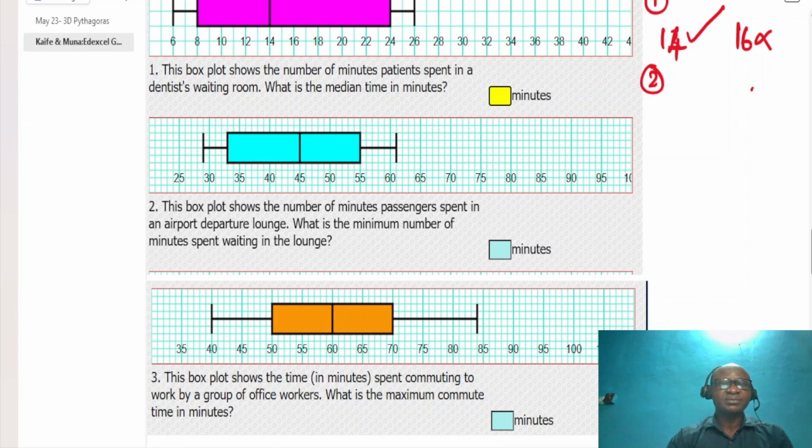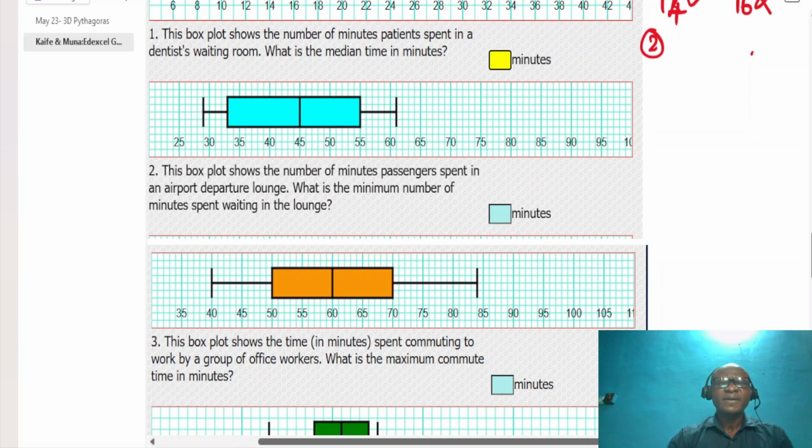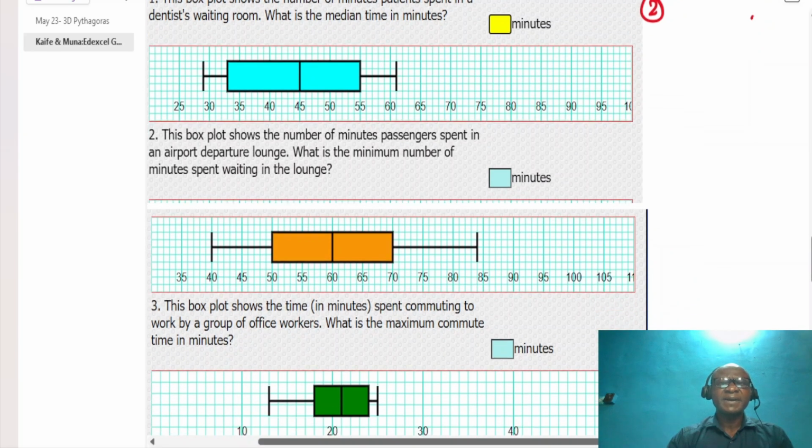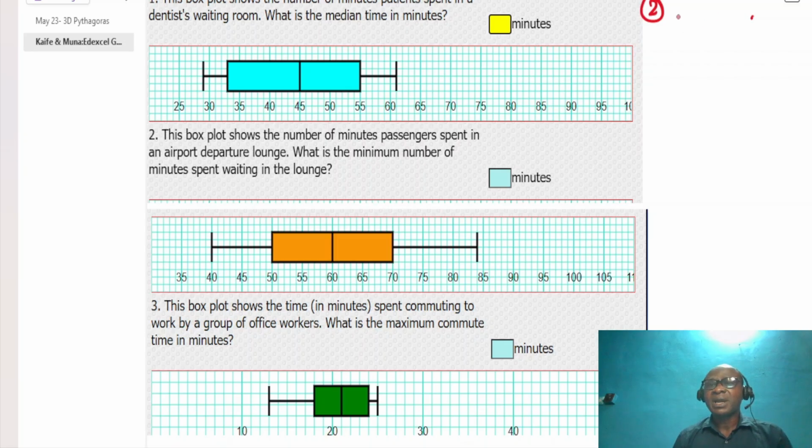Taife, what is your answer? 29. Mona? 29. Okay, both of you said 29. Let's look at it. The minimum number is 29.